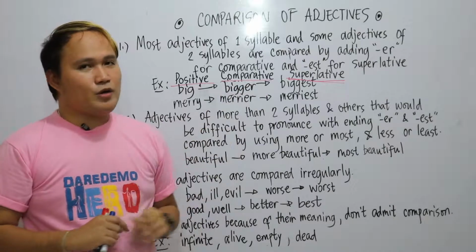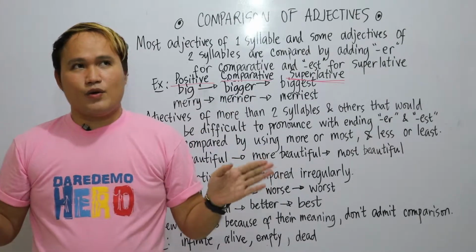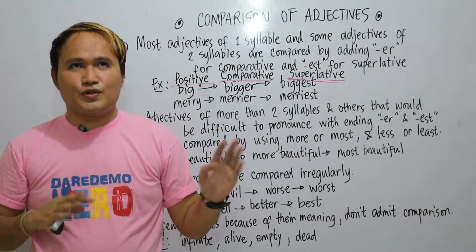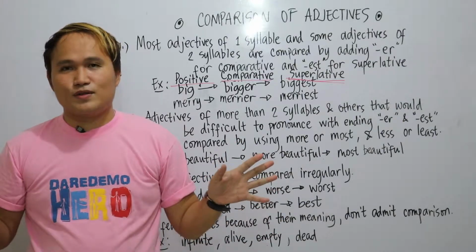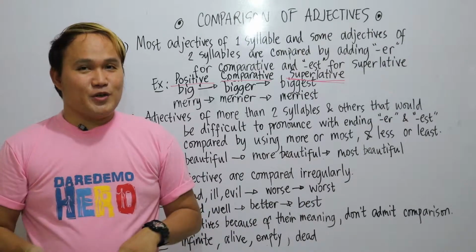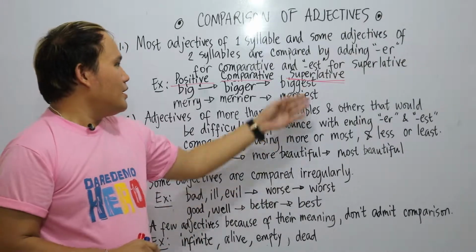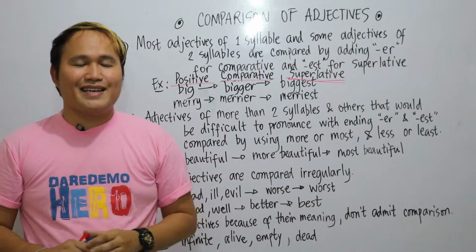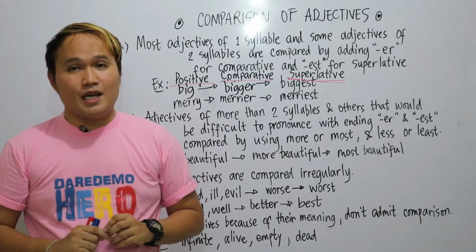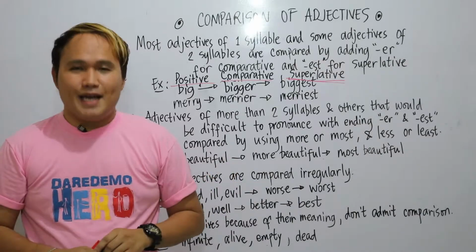If we're talking about a comparative degree, say you are comparing two nouns, for example, two persons, two places, two things, two animals, you're going to use comparative degree. For superlative degree, which is the highest degree of comparison, that's if you're comparing 3 or more than 2 nouns.